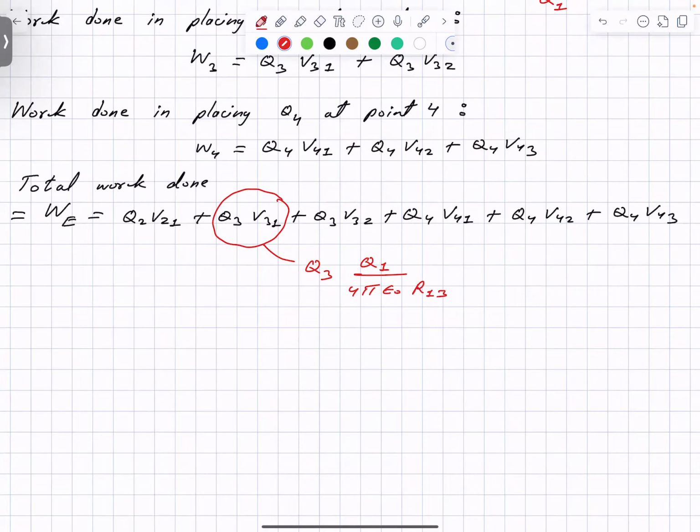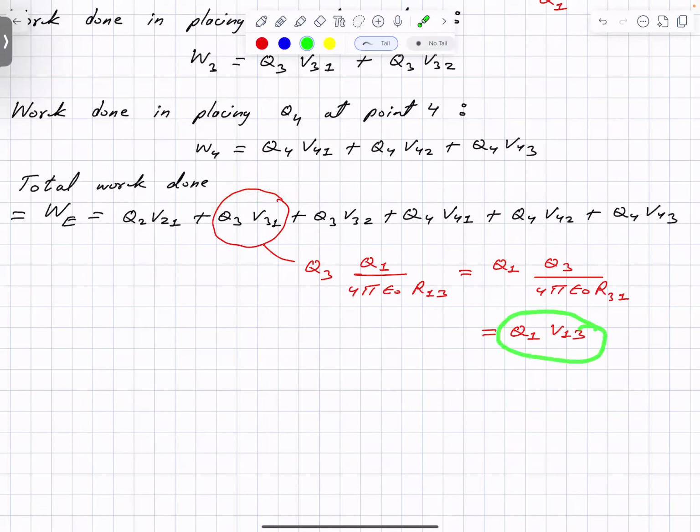So now we can switch the order of 1 and 3. So we have Q1 Q3 divided by 4 pi epsilon naught, and we can also write R13 as R31. And if we write it in that way, we could rewrite it as Q1 V13. So you can notice the symmetry here. Q3 V31 is also equal to Q1 V13.